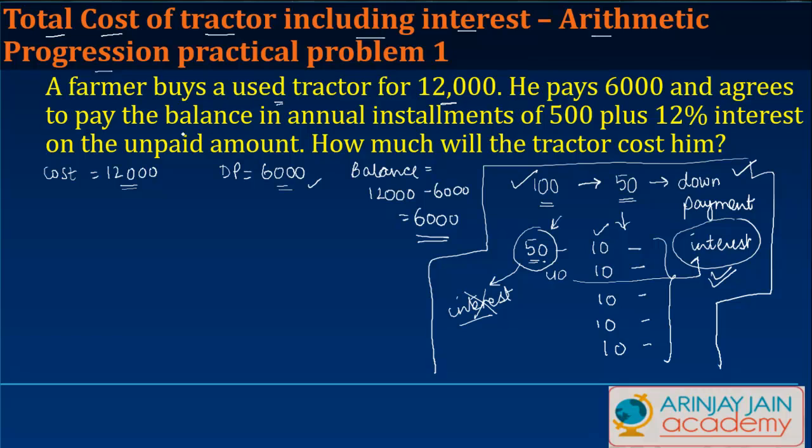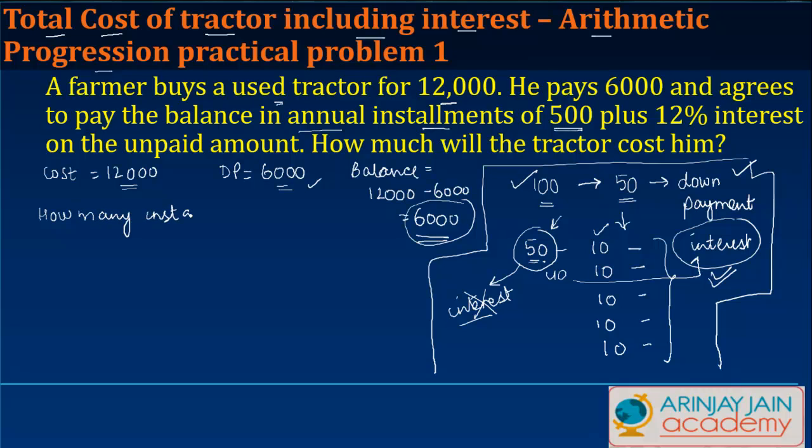And what is the payment plan? To pay the balance in annual installments of 500. So he's agreed he's going to pay 6,000 rupees in 500 rupee installments. So how many installments would he pay?